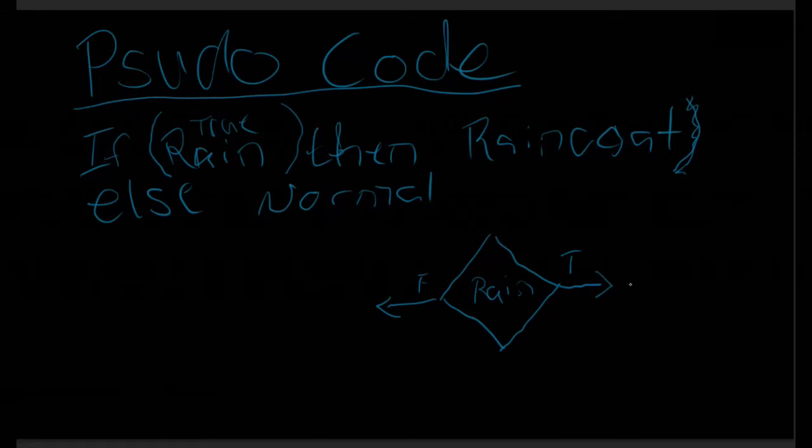So this branch right here would say it's true, we wear a raincoat. If it's false, we dress normally. So this is a condition, our conditional statement or our conditional drawing here.